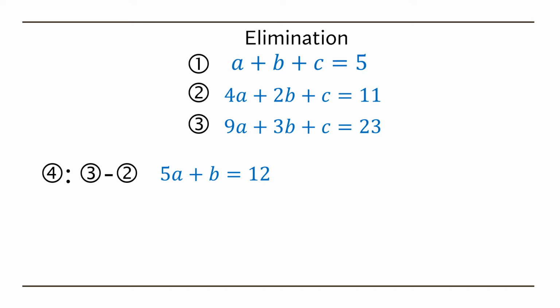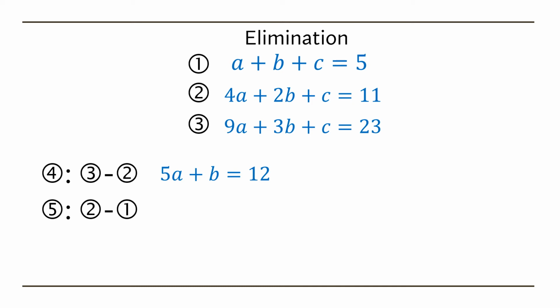Okay, great. So now the next idea is, we look at that and we say we have an equation, but we have 2 variables. We need to have 2 equations if we have 2 variables. Can we get another equation independent of this one that doesn't have a c in it? And the answer is absolutely. We subtract equation 1 from equation 2, and we will call that equation 5.